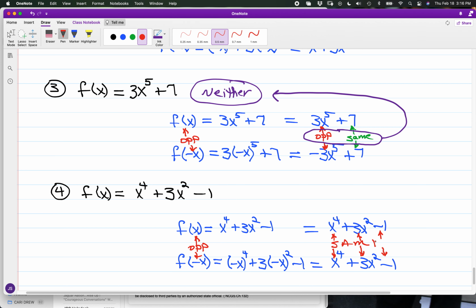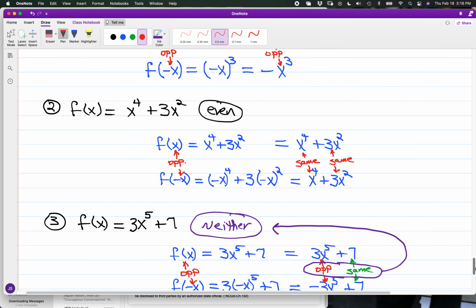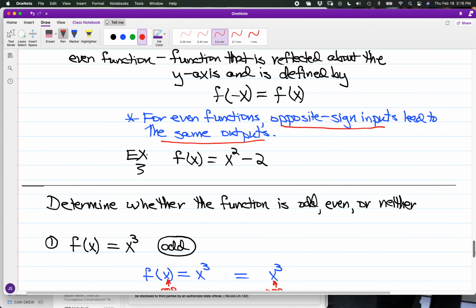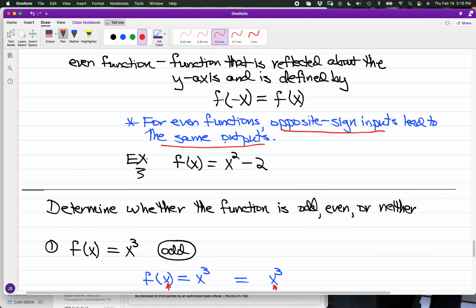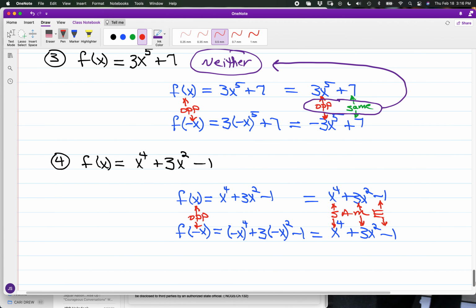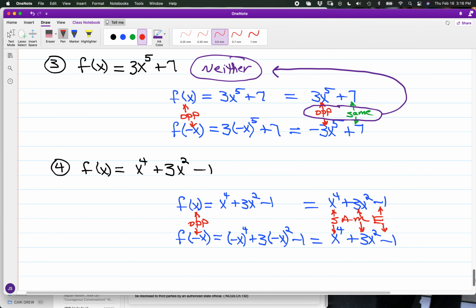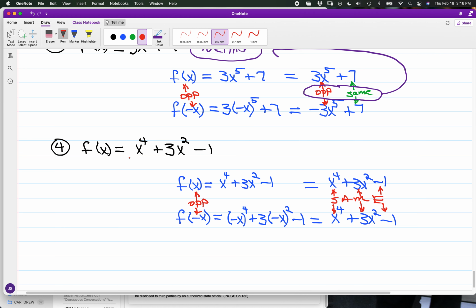So these are the same throughout. And if opposite sign inputs lead to the same outputs, that defines an even function. So for this last case, f of x equals x to the 4th plus 3x squared minus 1 turns out to be an even function.